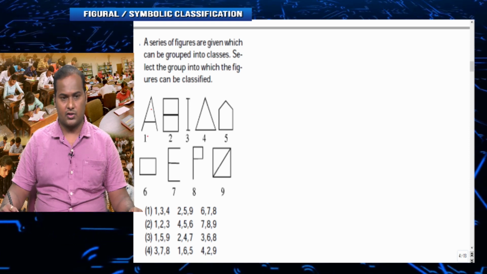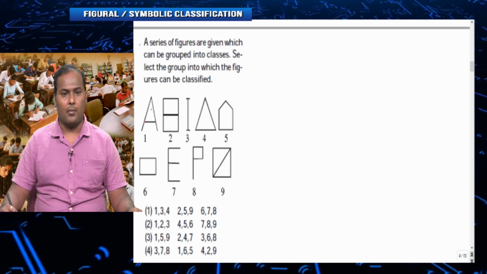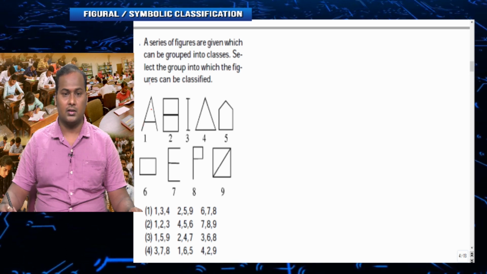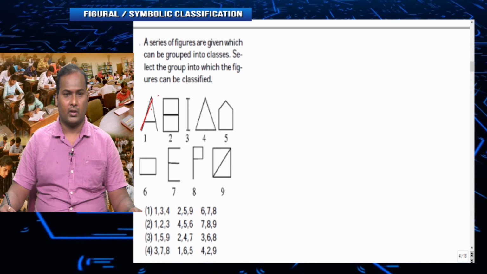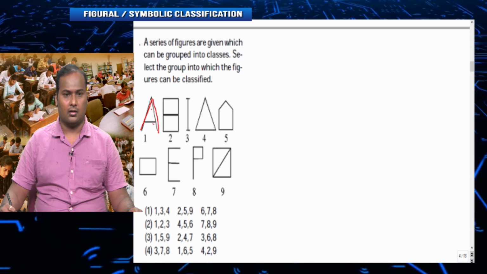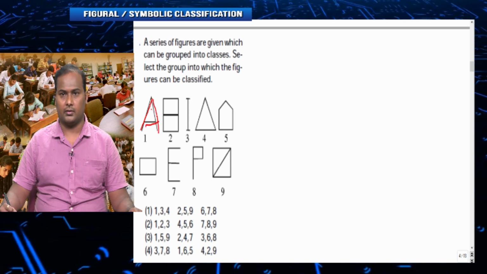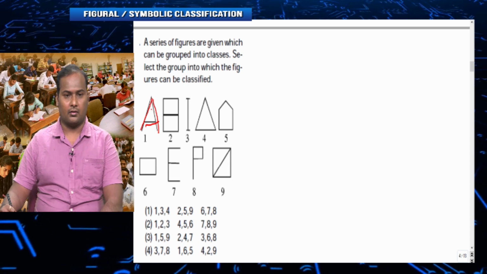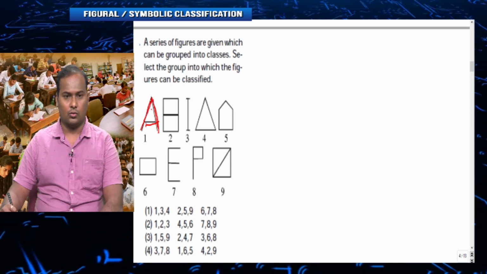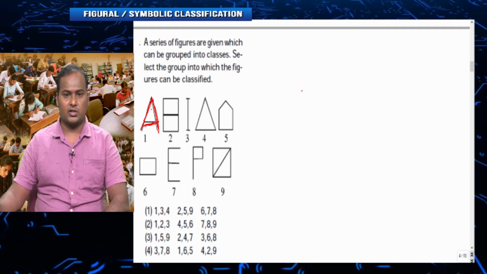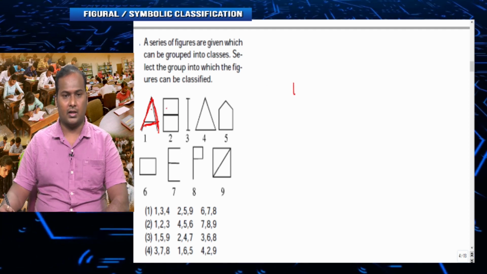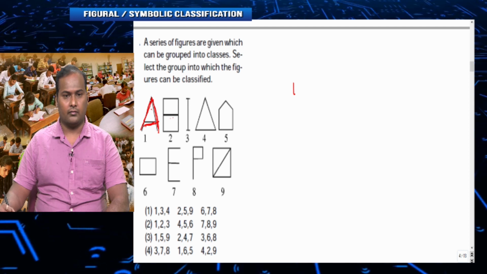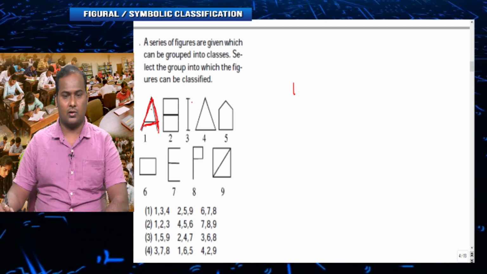For example, see the first one. How many lines are there? In the first one there are a total of 3 lines. In A, this is one line, this is the second line, and here it forms the third line. So the first one has 3 lines. In the second one there are 1, 2, 3, 4, 5 lines, which is not possible.